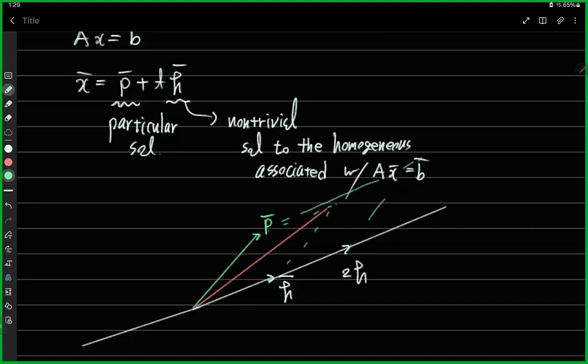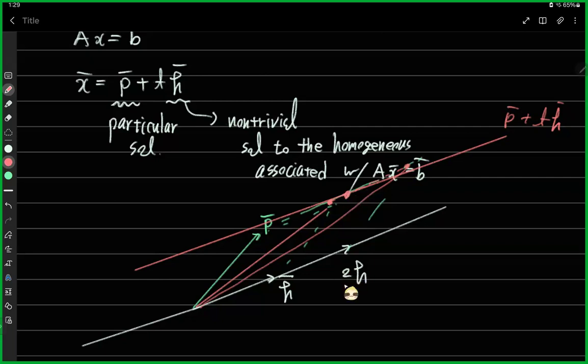We're going to get this right here. So connecting all the points, we're going to get this. So that's p bar plus t times h in vector form. Depending on the value of t, we're going to get all the points right here. Connecting them, we're going to get that line, which is parallel to h, I mean th.